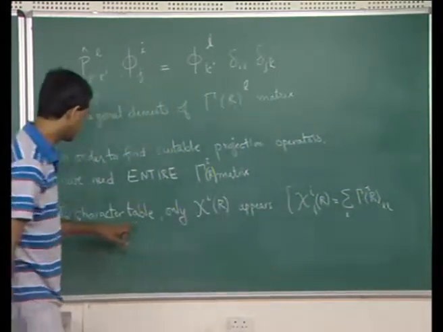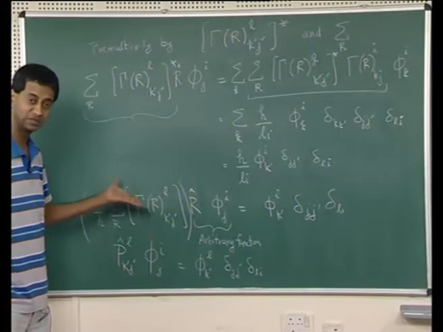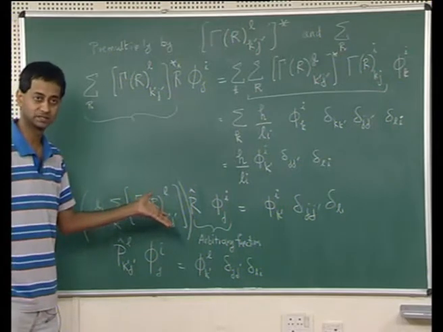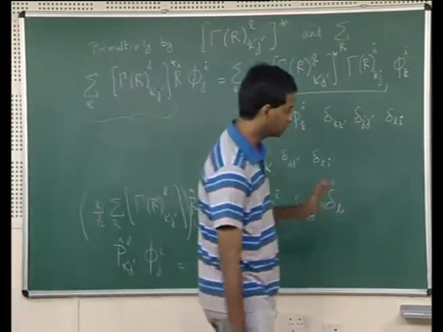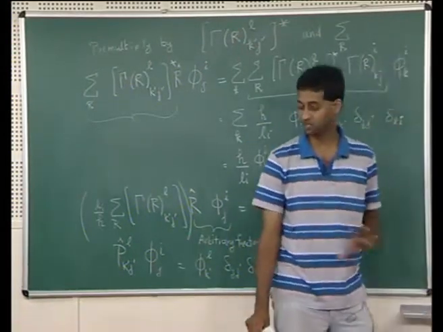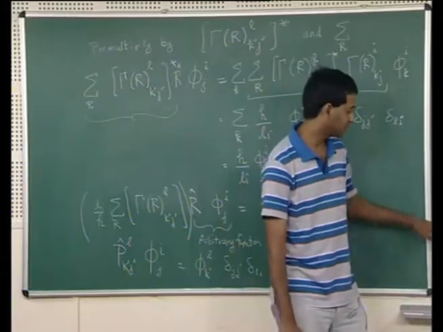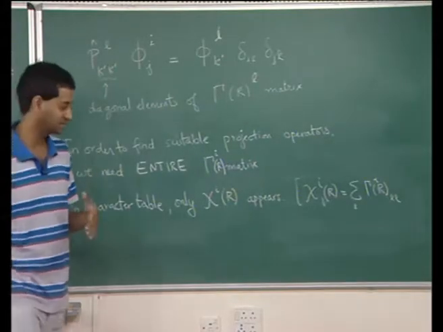But in order to find the suitable projection operators, it's not enough to know just the trace; you need the entire matrix. So if you truly want to find all these projections and construct the symmetry adapted linear combinations, it is not sufficient to have just the character table of the group. You need more information than just the character table.